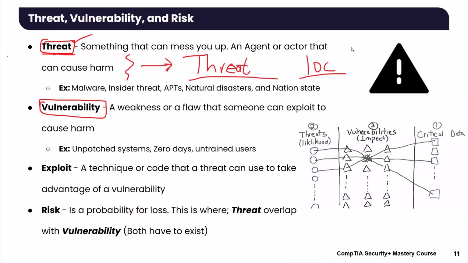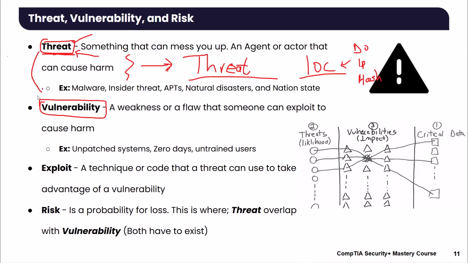IOCs: knowing the domains the bad guys use, the IP addresses they use, the hashes they use. That's all IOCs, indicators of compromise. Knowing this stuff helps us, absolutely. But we should not be obsessed over threats because they're outside of our control.